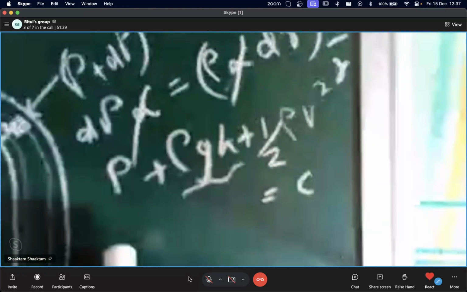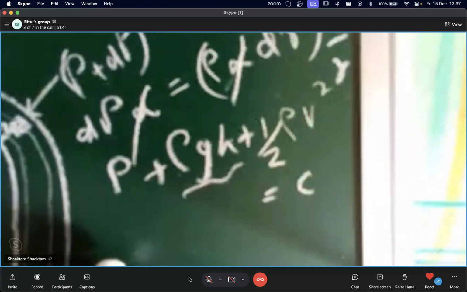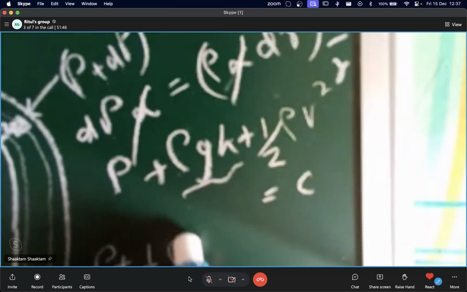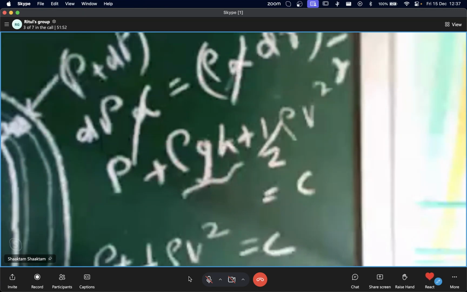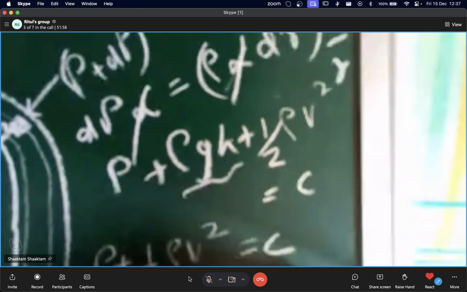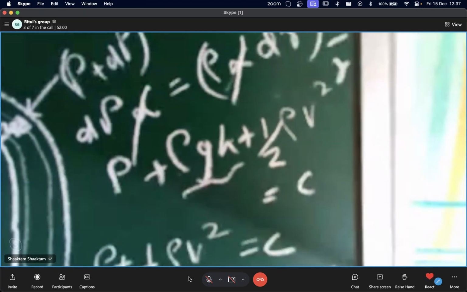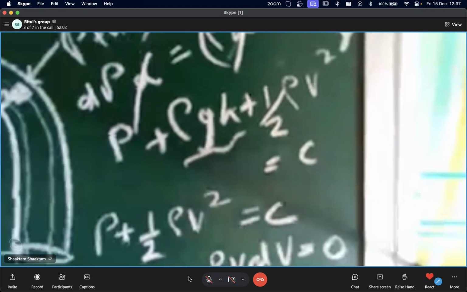H over here doesn't merit a consideration as it is being kept horizontal. So P plus half rho V square is C to us. We differentiate it to get dP plus half rho V dV is equal to 0. Do check. dP plus half rho V dV equals 0.